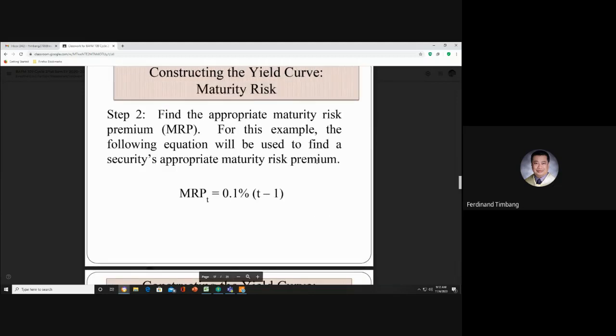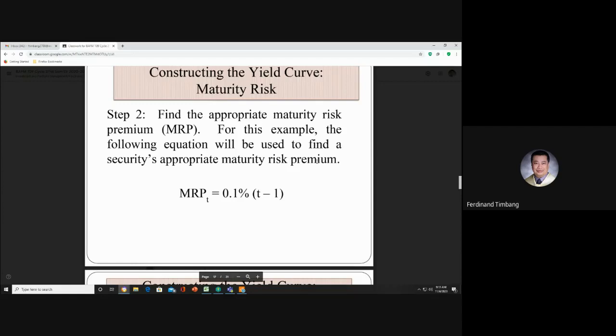This next one is the maturity risk premium.